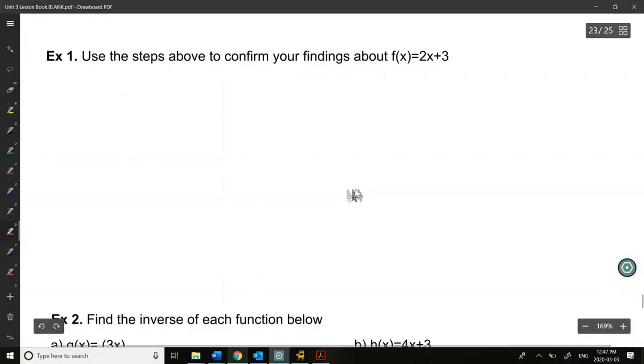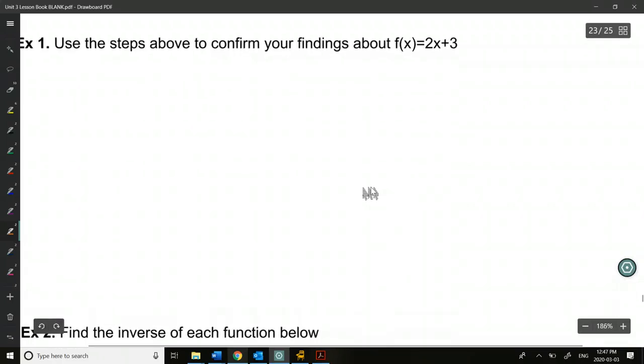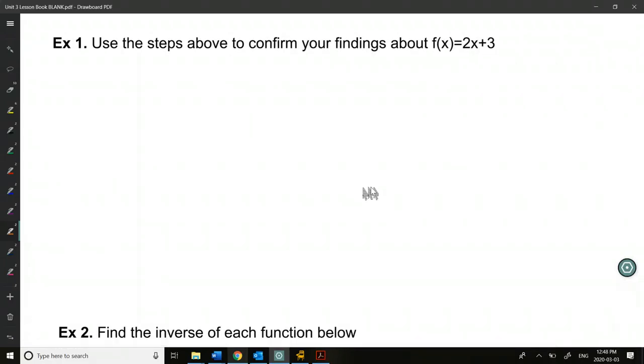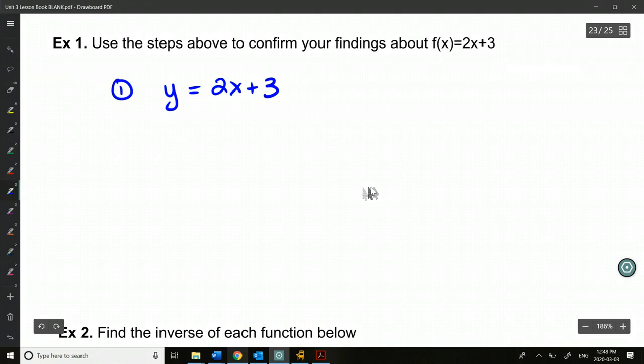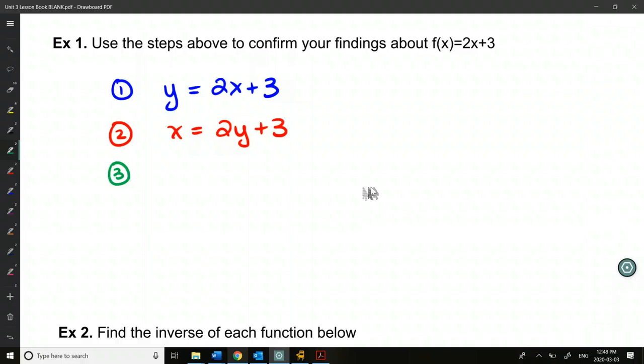So I'm going to show you how we would have done the equation above, just using the steps. First step is to replace f(x) with y, or whatever function notation you have. Second step, we're going to swap all x's and y's. Third step, get y by itself again. So if you know grade 9 math, you can do this, okay? So I believe in all of you.